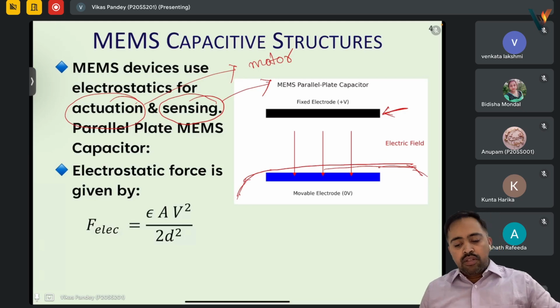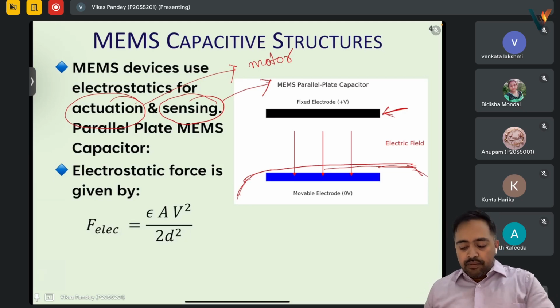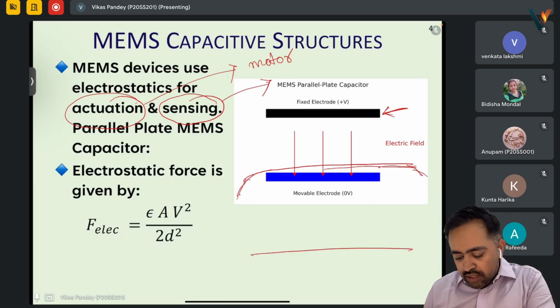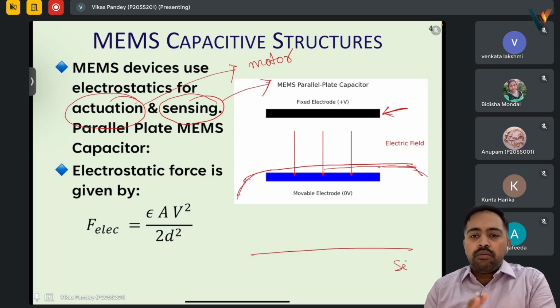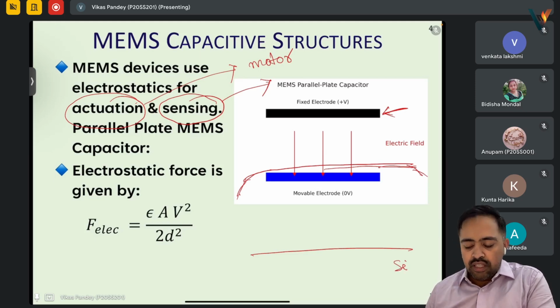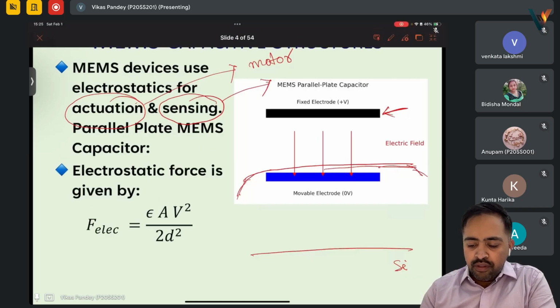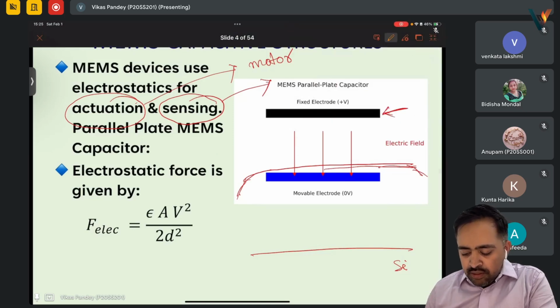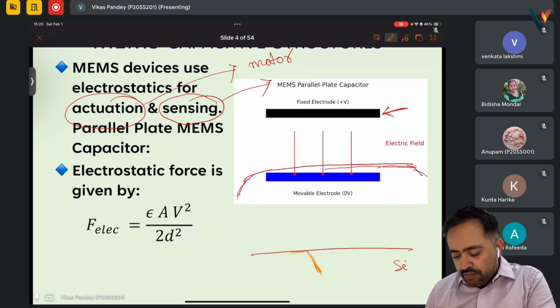So let me draw it. Say this is our silicon. Mostly MEMS structures we make in silicon, as we discussed previously. Inside it, we created a cavity kind of structure here.